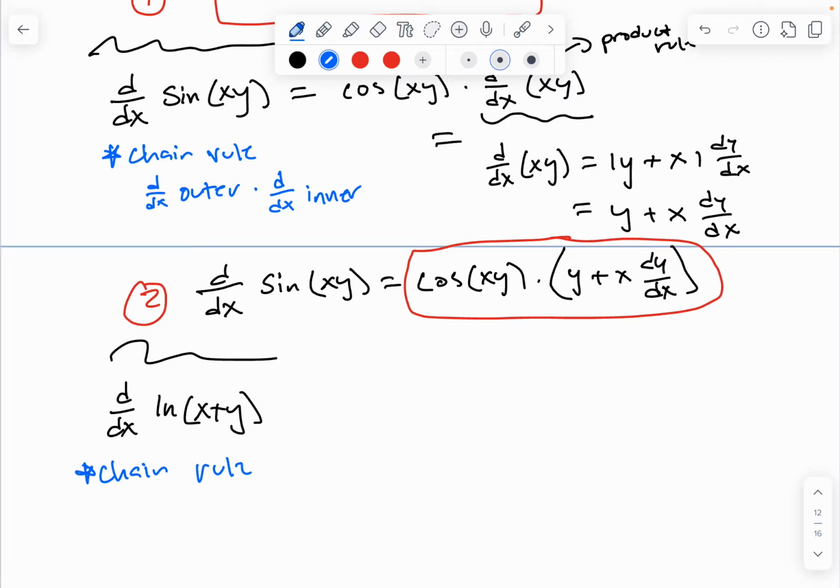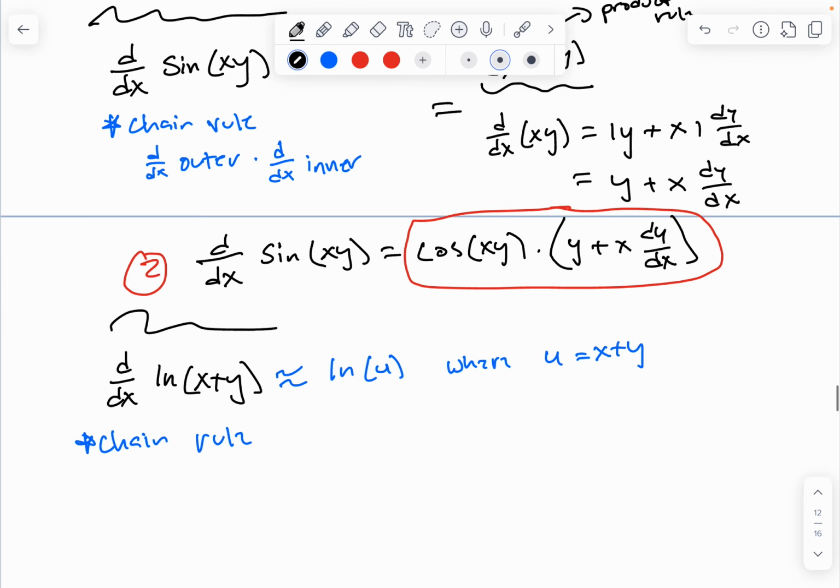So we can rewrite this quickly as ln of u, where u is equal to x plus y, just for simplicity's sake. So the derivative of ln u is just 1 over u. However, we have to multiply by du dx, because u is what we just took the derivative of, over dx, which is what we're taking with respect to.